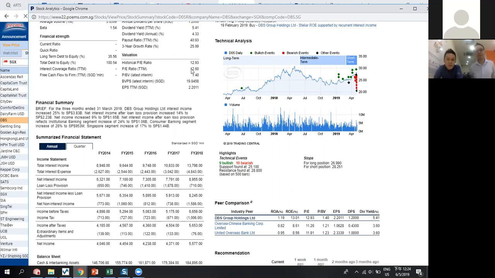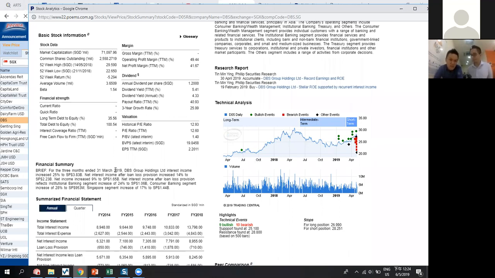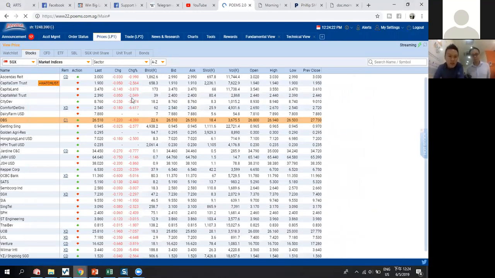So you can see the dividend per share for the past 5 years, but not 10 years here. For that, you might want to go and check the annual reports, or you can check the SGX website for the corporate announcements. Okay, all right. So besides that, any other questions that you all want to ask?